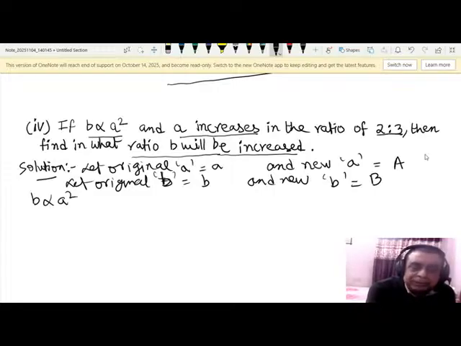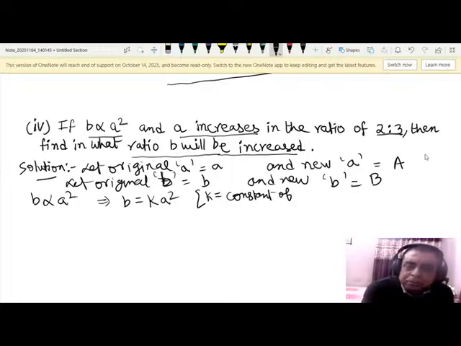So B is equal to, changing the proportional sign to an equal sign, we multiply with a constant, which is called the constant of proportionality. So k is the constant of proportionality.